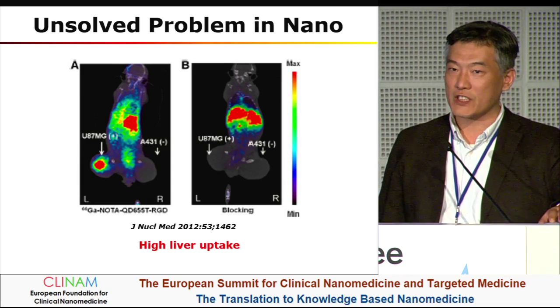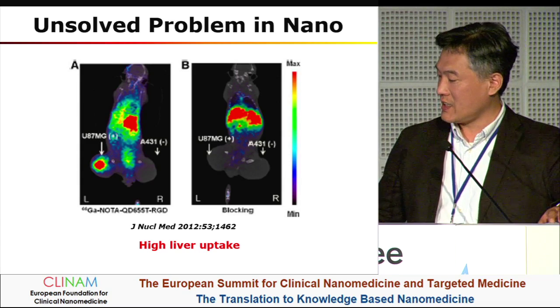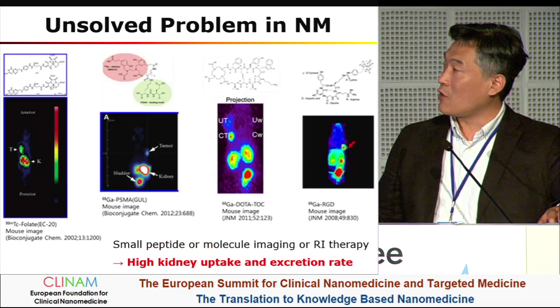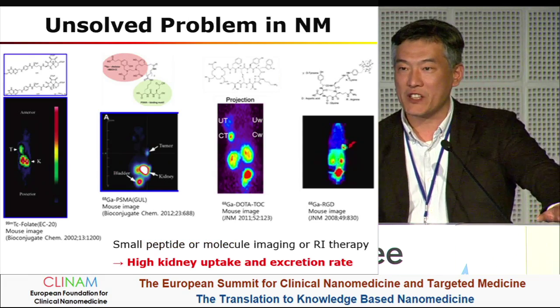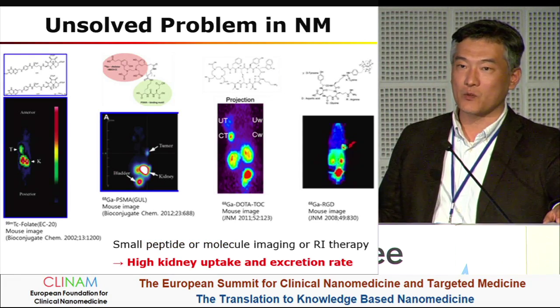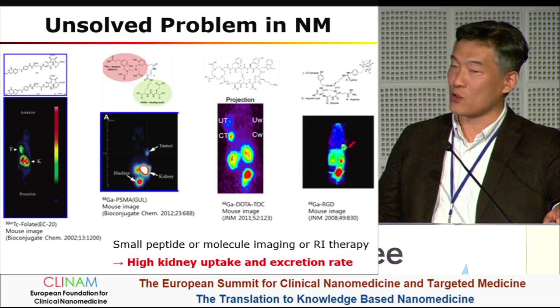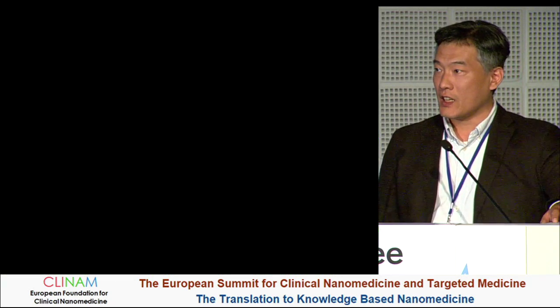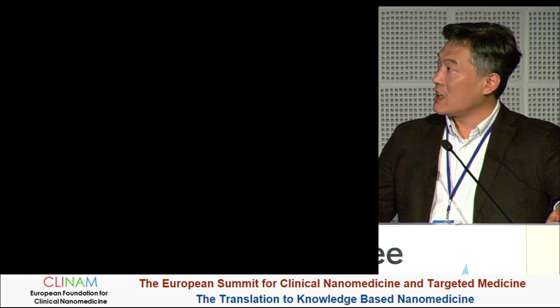And also in the field of nuclear medicine, we have several tumor targeting agents such as peptides or small molecules that we use for radiolabeling, and then we can see the imaging.